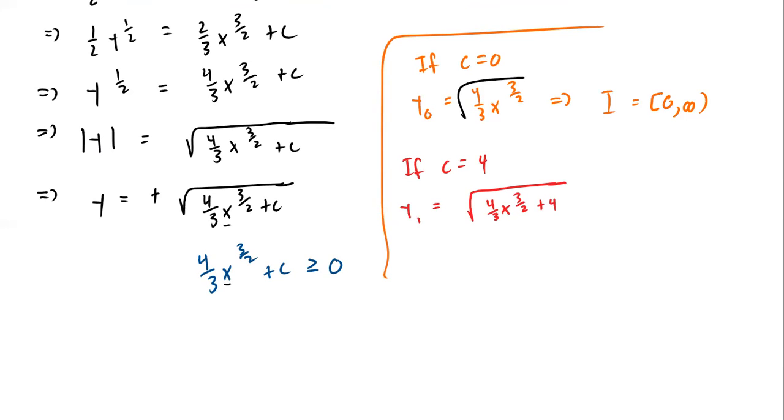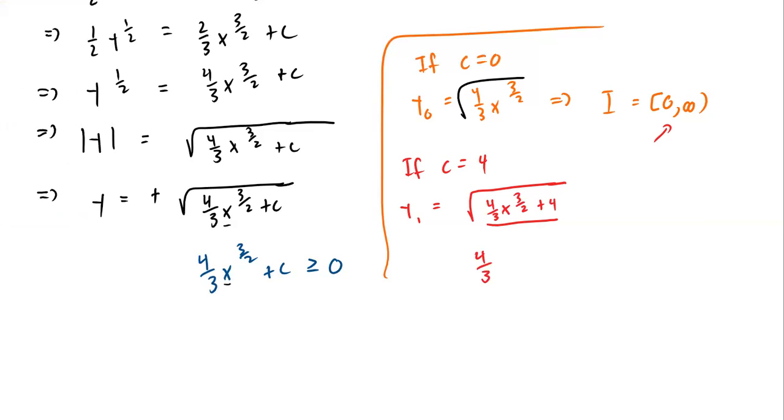Okay. So we already know that we need I to be the interval 0 to infinity, including 0. But again, the fact that we're taking the square root of this introduces a new restriction. So basically, the fact that the domain of this function could be something bigger than this also gives you restrictions, right? Or something smaller. So let's say we solve, right? Because we need that to be greater than or equal to 0.